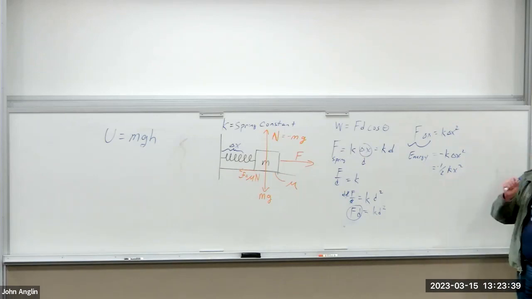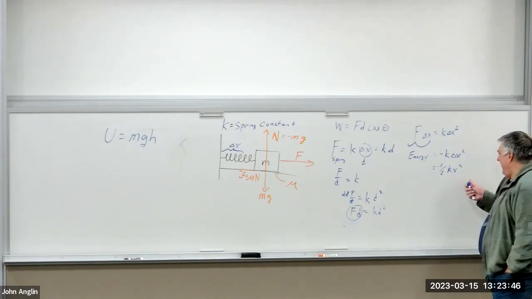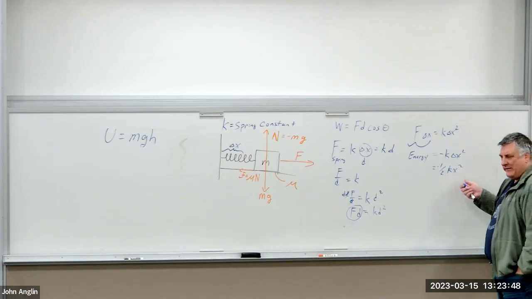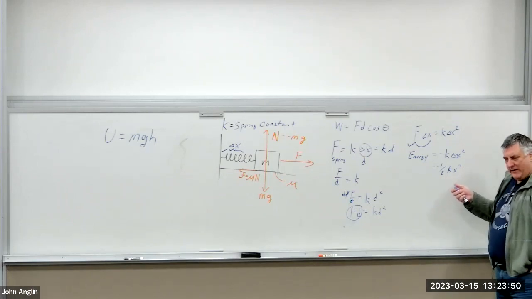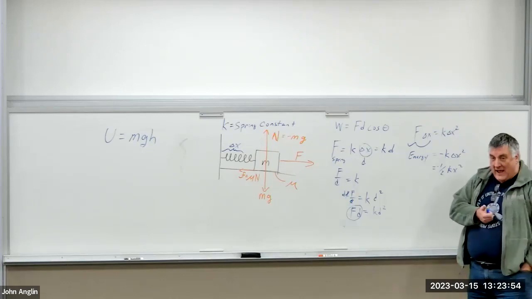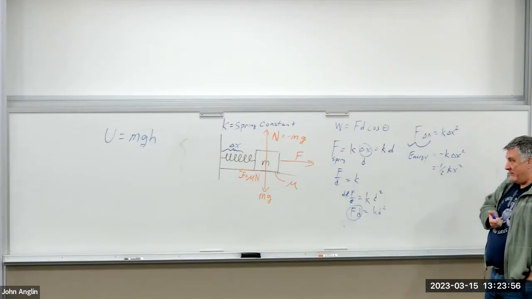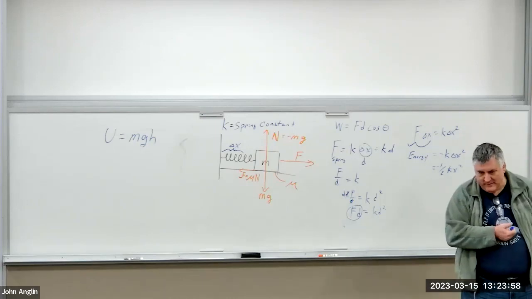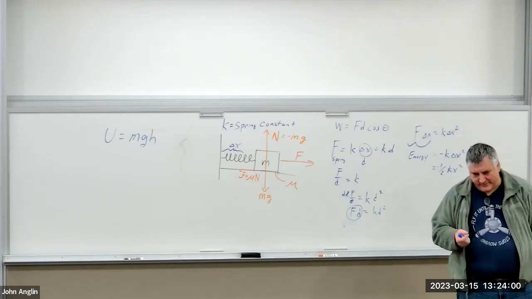That's why this looks really similar to 1/2 mv squared. Another way to think of it is the two things that change kinetic energy in a gravitational system are the mass of the object and the velocity of the object.